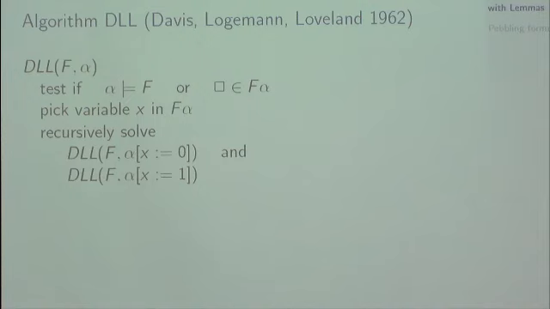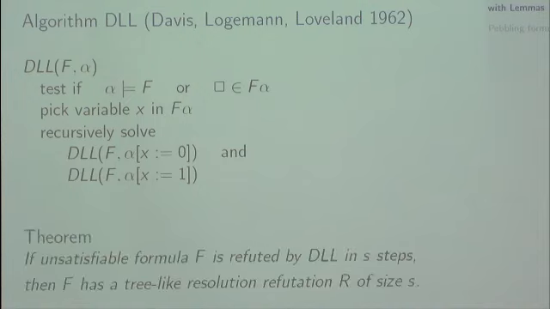This is a very basic recursive backtracking procedure, which I call the DLL algorithm. The classical result is that if an unsatisfiable formula can be refuted by this algorithm in S steps, then it has a tree-like resolution refutation of size S. In fact, this is very easy to see. If you run this algorithm on an unsatisfiable formula, then it spans a search tree, and this search tree is actually a resolution refutation of the formula.